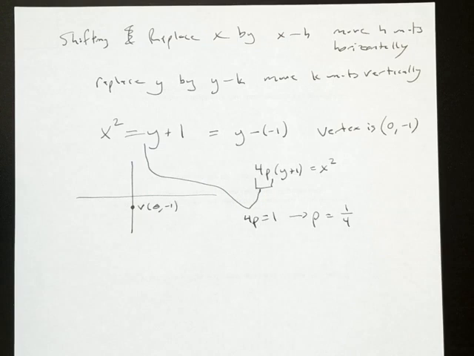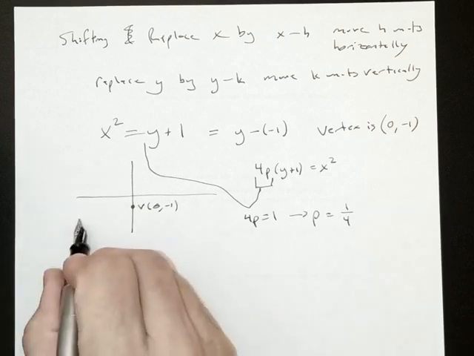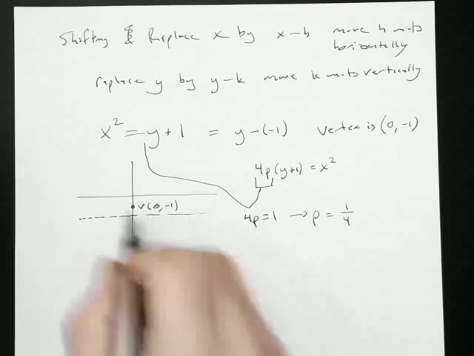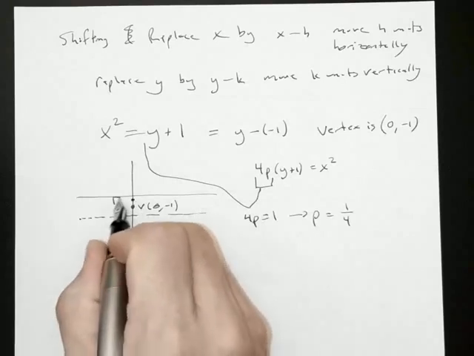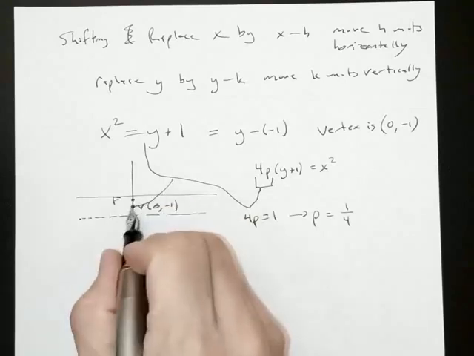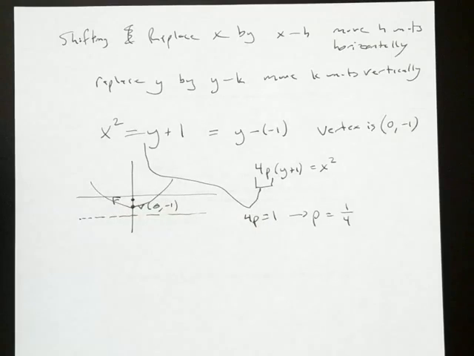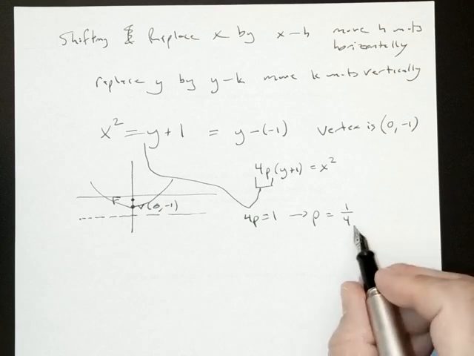Notice that is a positive value. That means that the focus is above the vertex and the directrix is below the vertex. And my graph goes around the focus away from the directrix. So my directrix is down here and my focus is up here. But now I can give you exactly those points. The distance from the vertex to the focus is this much.